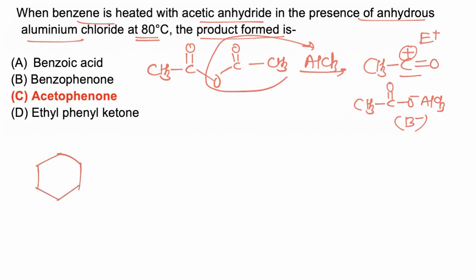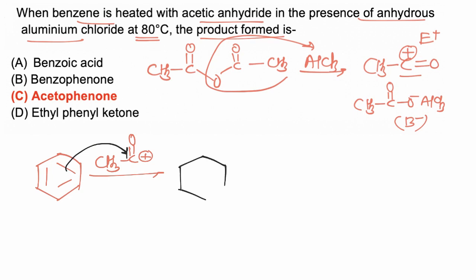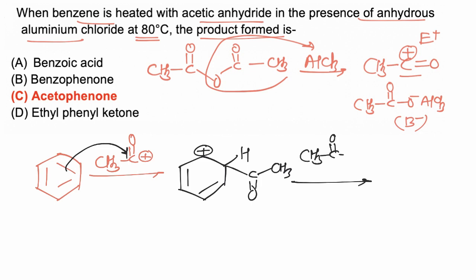So on reacting with benzene, CH3CO positive accepts a pair of electrons, and it will form the arenium ion. Now this carbocation is formed. In the last step, this CH3COO negative AlCl3 will act as a base, and it will abstract H positive ion.